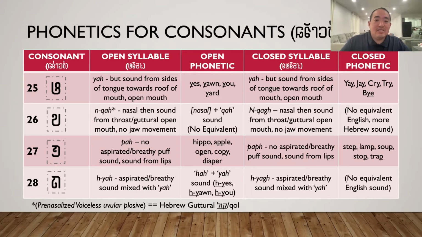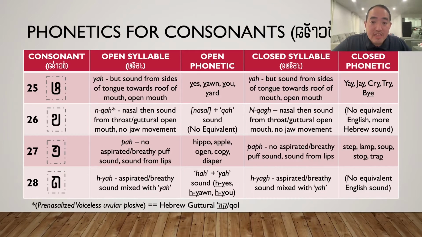It's more like a softer P sound, like the words hippo, apple, open, copy, or diaper. It's not as strong a P sound as the one in English, and the sound should be produced from the lips. That's how you pronounce the open syllable.